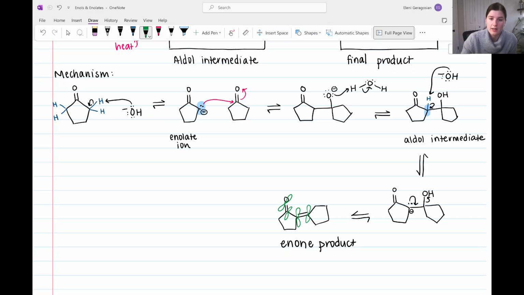And this helps drive the reaction forward, forming a more stable product with that conjugation. Now note, the aldol intermediate does not have that conjugation because we only have one pi bond. So this conjugated pi system, the stability favors this forward reaction or promotes the forward reaction.